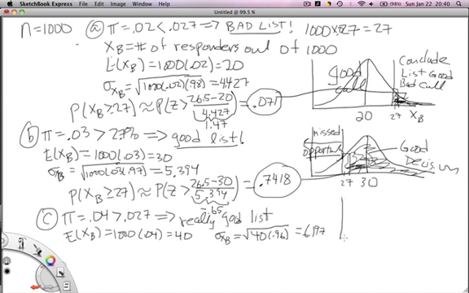Let's go draw it again. The picture in this case looks pretty much the same as the previous part, except the mean is now 40, and 27 is sitting way off in the tail. So we need to evaluate this whole area in this region.